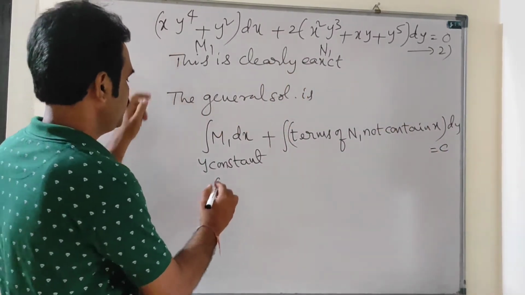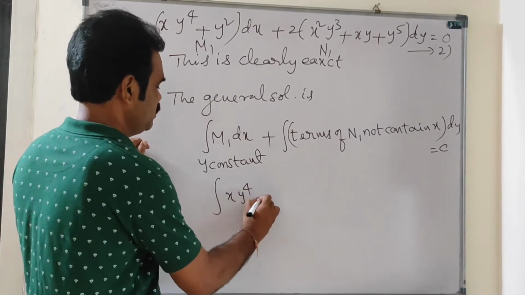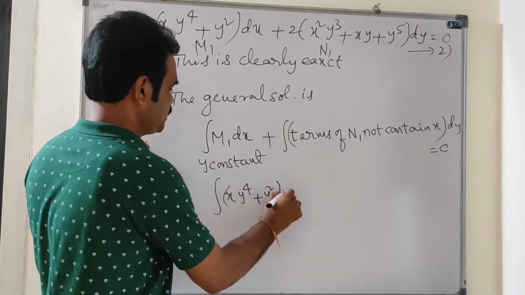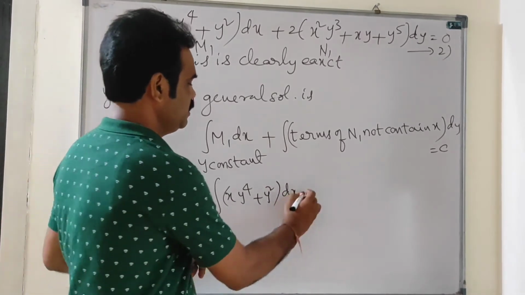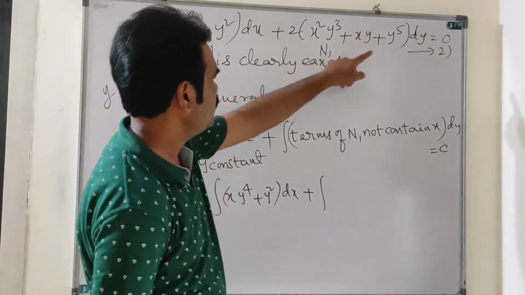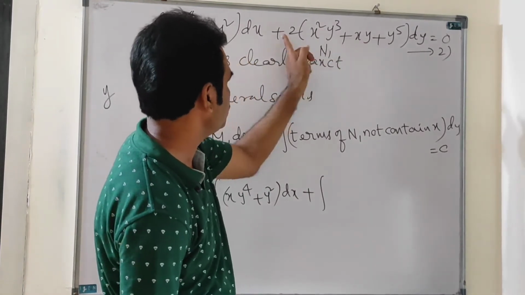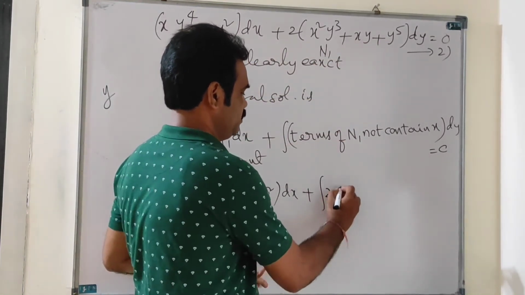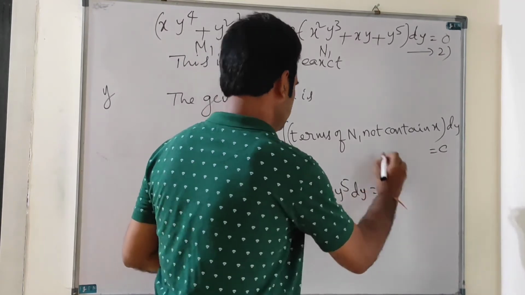What is M1 here? xy power 4 plus y square dx, treating y constant, plus the terms of N1 which do not contain x. Here y power 5 does not contain x, that means 2y power 5 dy is equal to c.